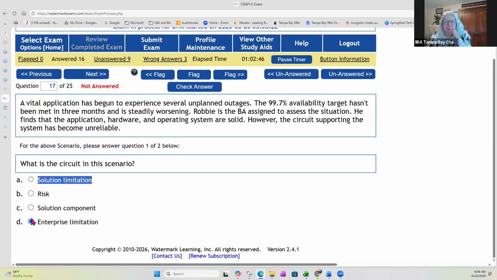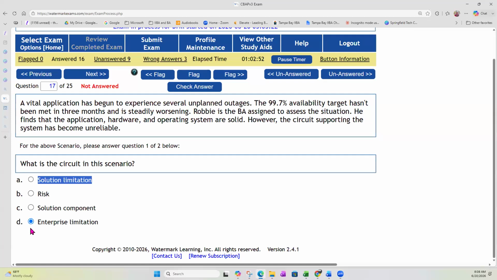Gabrielle, Amarachi? So the circuit is also part of the... I think for me it's either A or C. What is the circuit supporting?